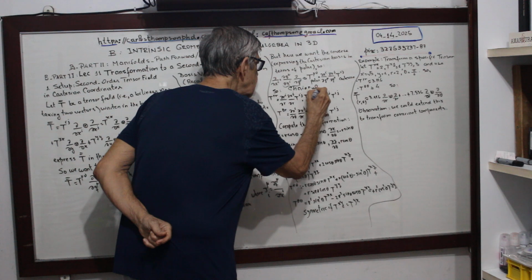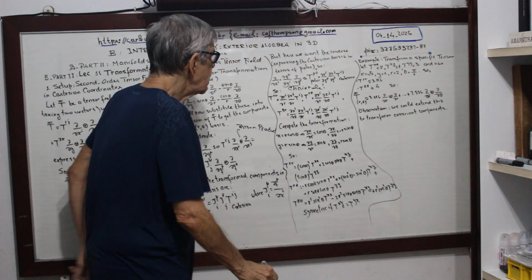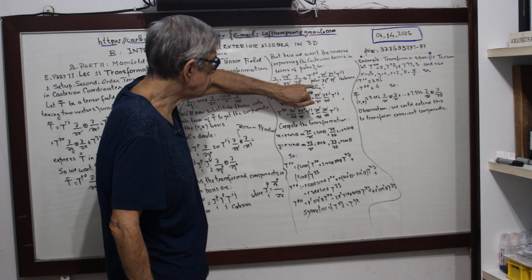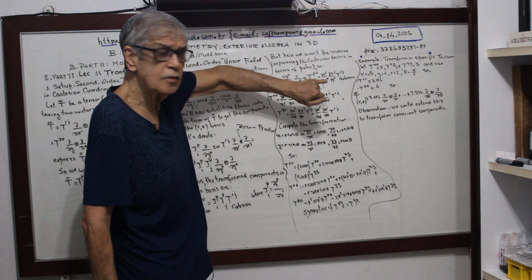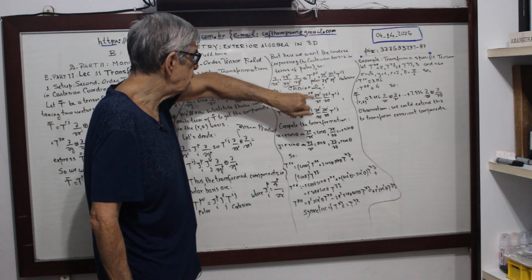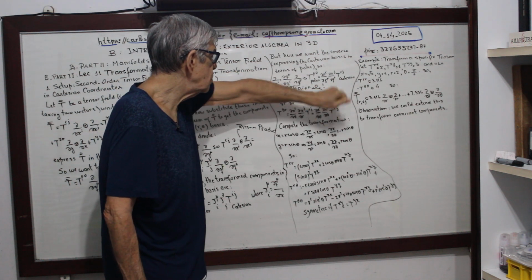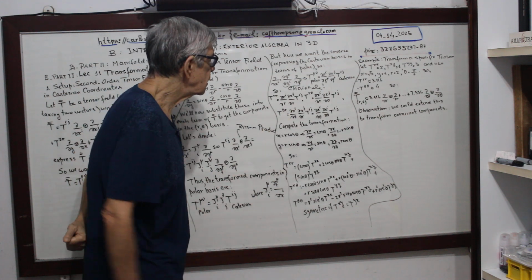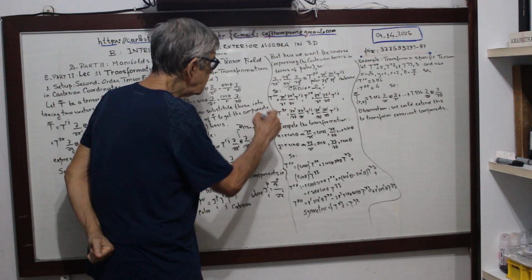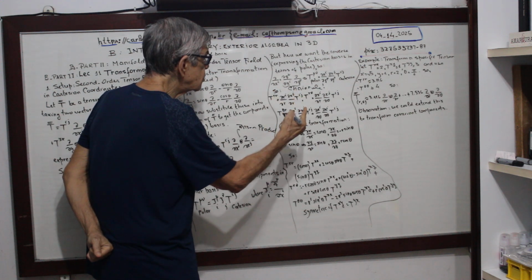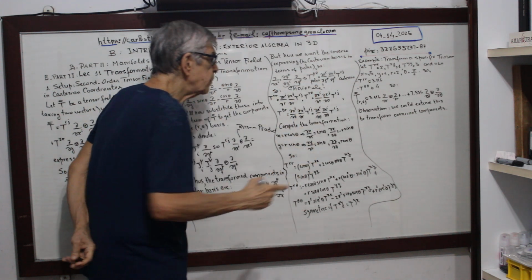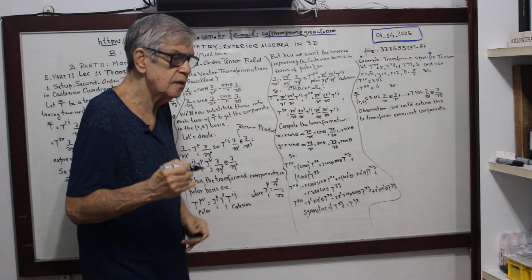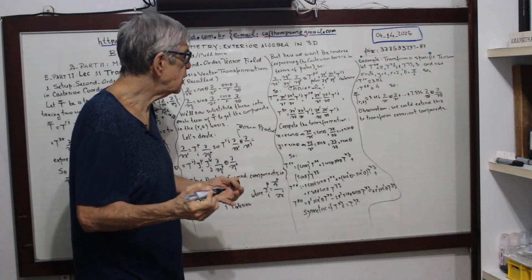So these components of the second order tensor in polar coordinates are just equal to this equality here. Then, mu and nu are free indices in the polar coordinates.